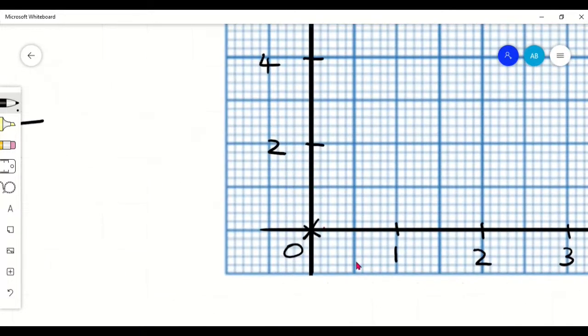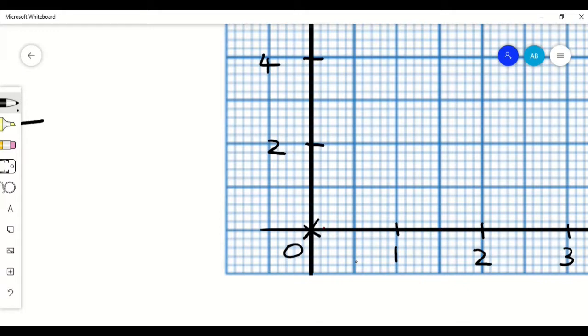So for the y-axis, each of these smaller lines increases by 0.2. Now I like to do a check just to make sure that I would get the correct answer. So 0 is here, 0.2 plus 0.2, 0.4, 0.6, 0.8, 1.0, 1.2, 1.4, 1.6, 1.8, 2.0.